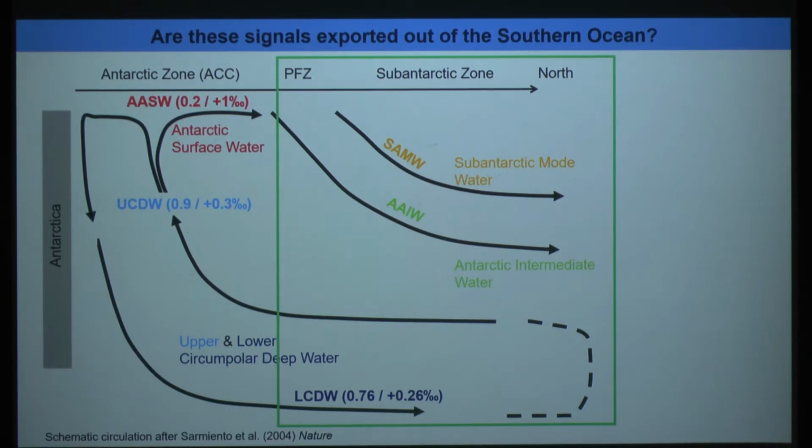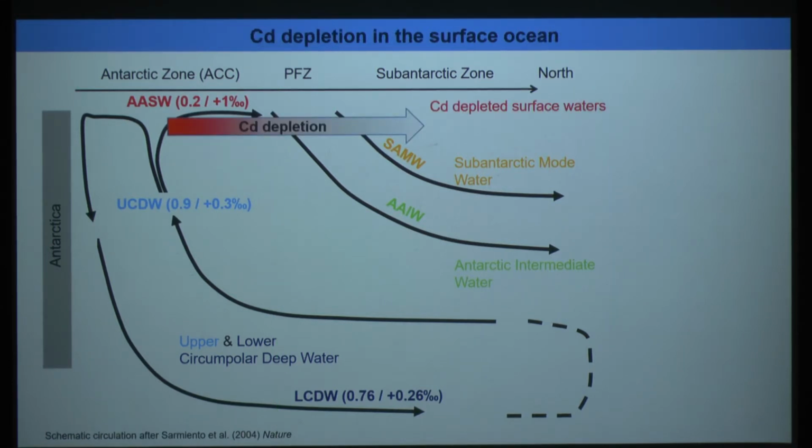So the question really is, are these signatures that we form in the surface ocean, these strong depletions and the isotopic signals that are associated with it, are they just relevant for this area, or do they get dragged down and carried out into the low latitudes, the equatorial Pacific, and so on? And again, I'm going to do this for cadmium just because it has the bigger isotope fractionation and it's easier to show, but you'll see it'll be quite similar for both elements again.